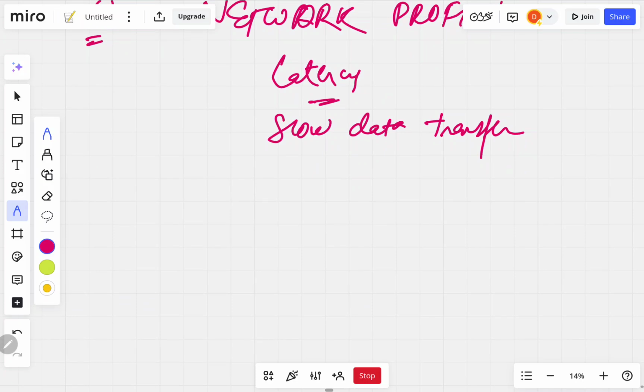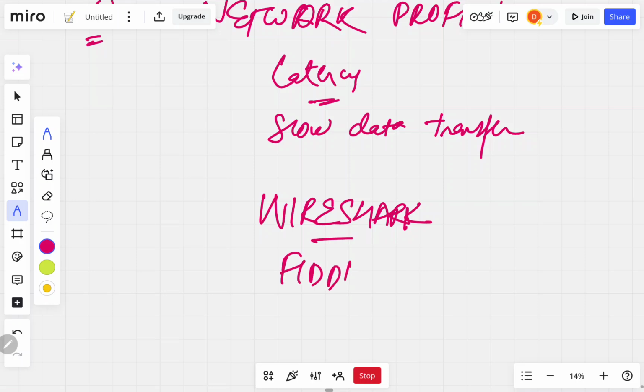The packet level, TCP level. These are Wireshark, which is very good. This will work independent of the tech because it's at the network level. .NET, Java, whatever. Fiddler, many people would have heard of. These are like the most popular ones.